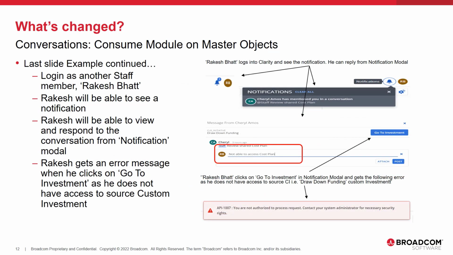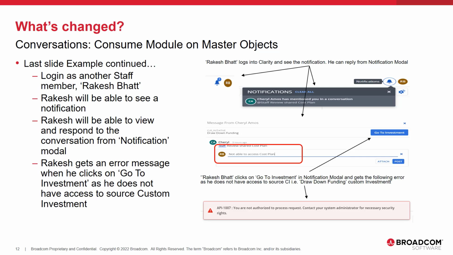Continuing with the example, other team member Rakesh Bhatt logs into Clarity. Rakesh will be able to see a notification of the conversation. When Rakesh clicks on notification, a notification model opens. Rakesh will be able to view and respond to the conversation from notification model.